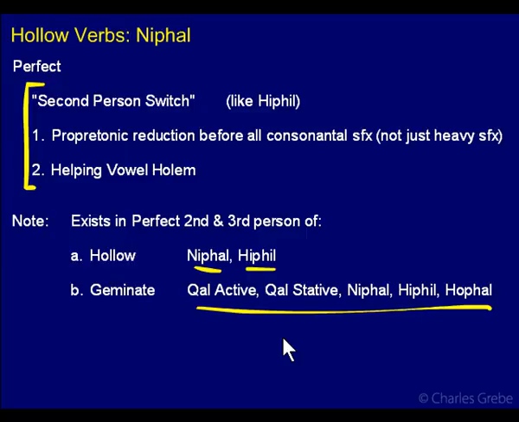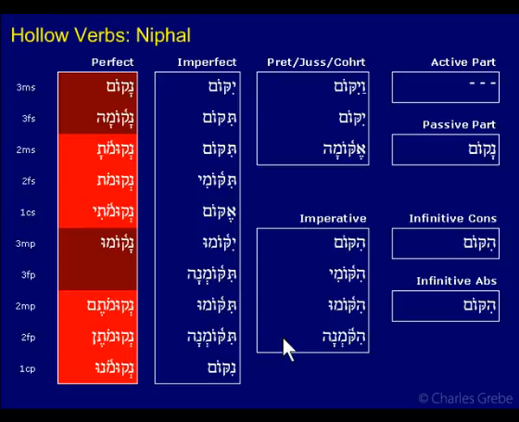Well, we'll go through this in detail, but it exists for Qal active, Qal stative, Niphal, Hiphil, and Hophal. So that's an important feature. And if you're going to learn these by principal parts, then for all those forms, I would put in the second-person switch, or the 2ms form, to represent the second-person switch, so that you have some idea as to what the helping vowel is and what the changes are.